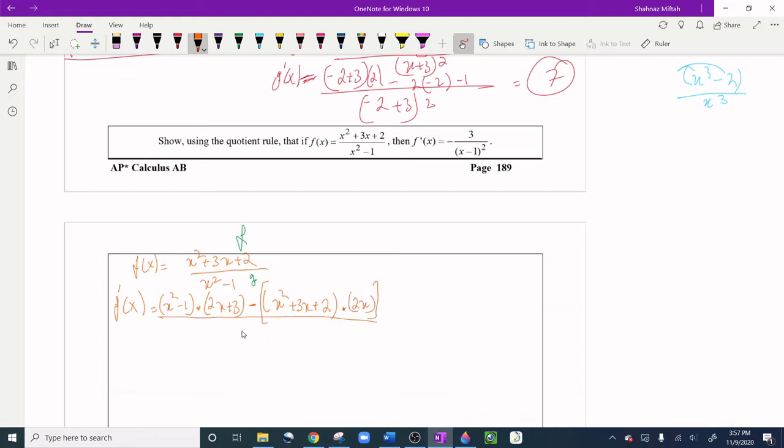In the bottom, g, x squared minus 1, whole squared.